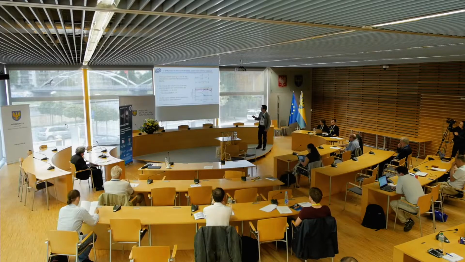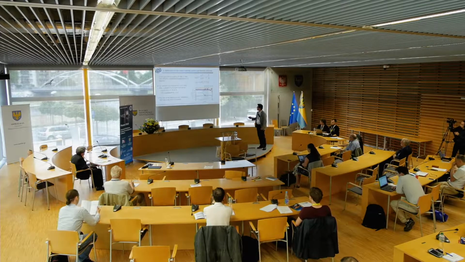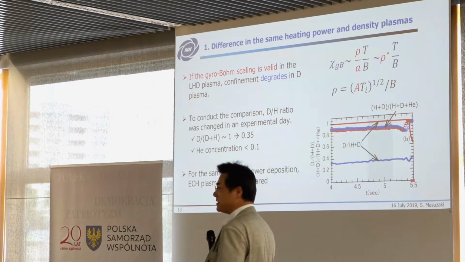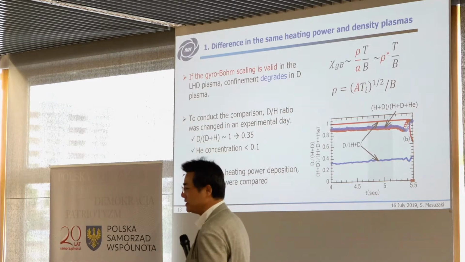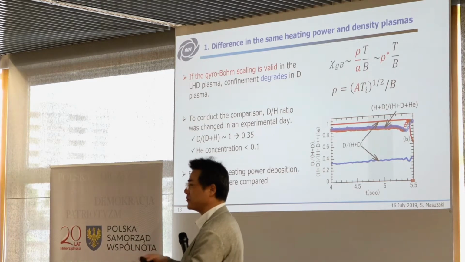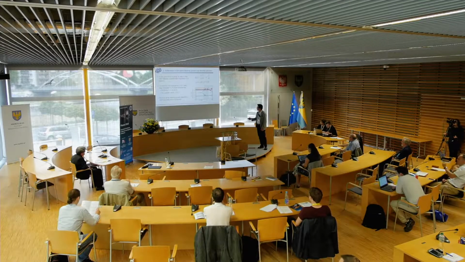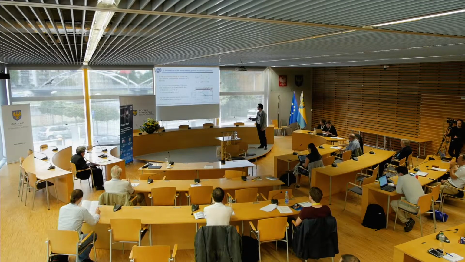So we conducted experiments to confirm this property. To conduct the comparison, the D/H ratio was changed within one experimental day, to avoid changes of the heating condition or plasma wall condition. During one experimental day, we could change this ratio from 1 to 0.35.